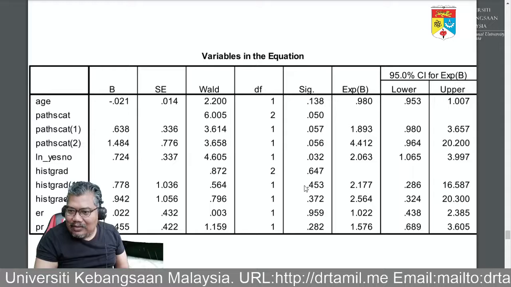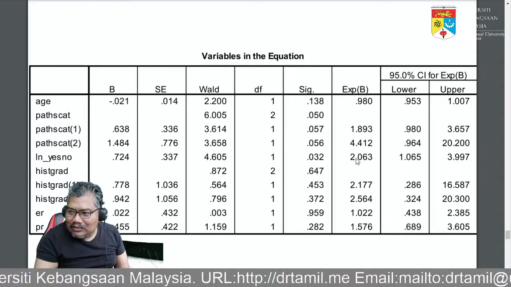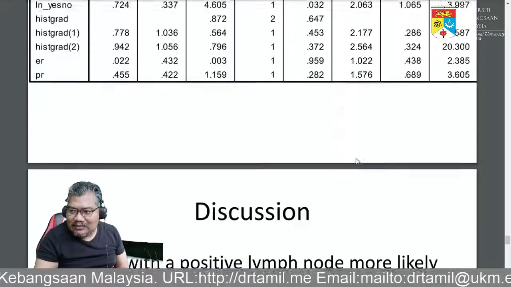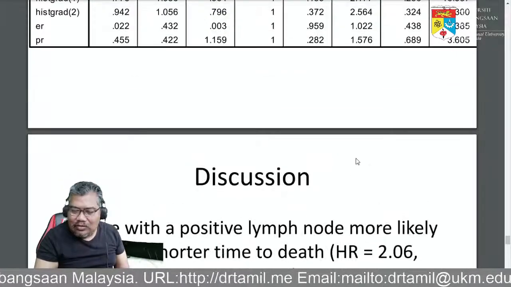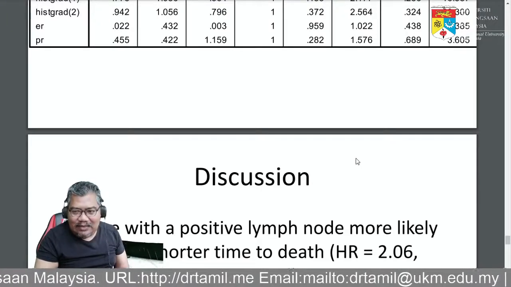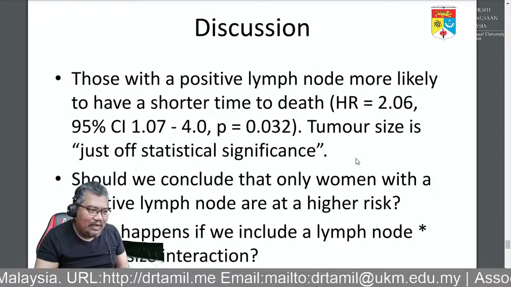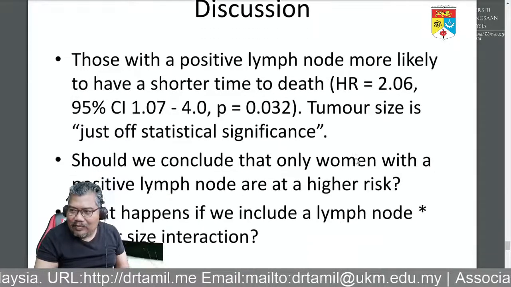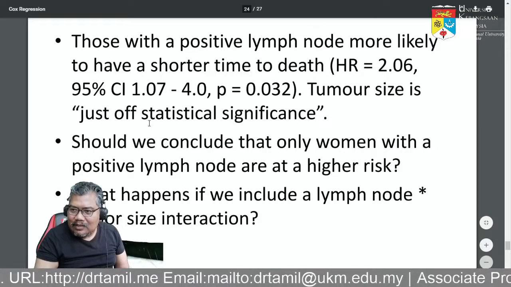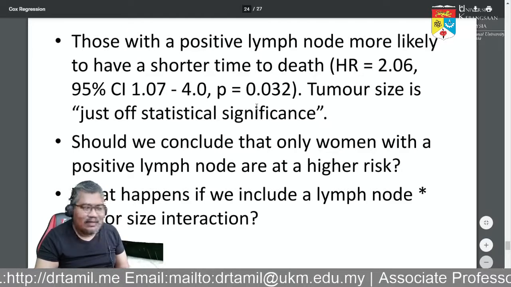You can see that the only thing that is significant was the lymph node, and the lymph node is 2 times more likely to die faster compared to the rest. So those with the lymph node present, with breast cancer, are more likely to die than those without the lymph node. The rest are almost significant.